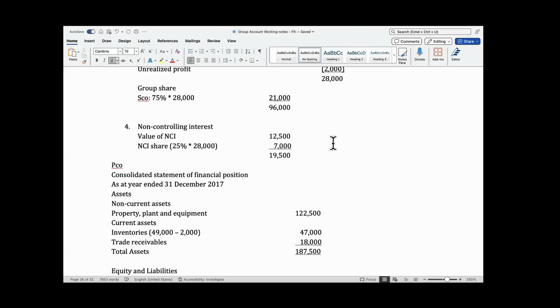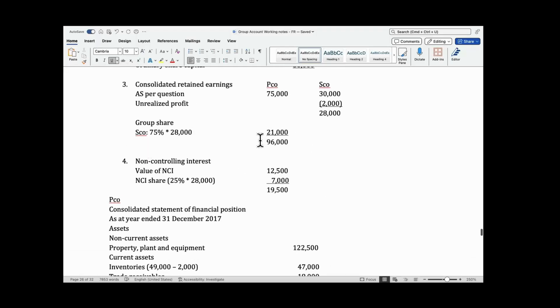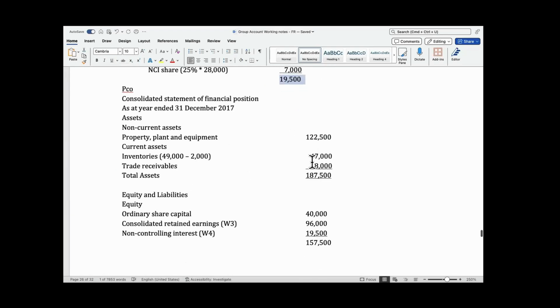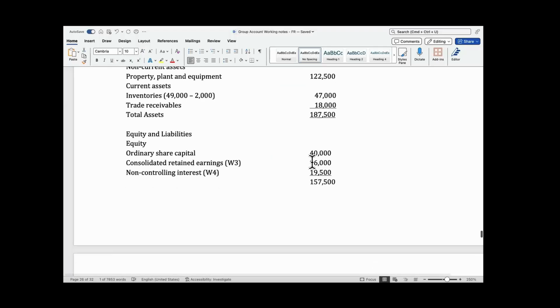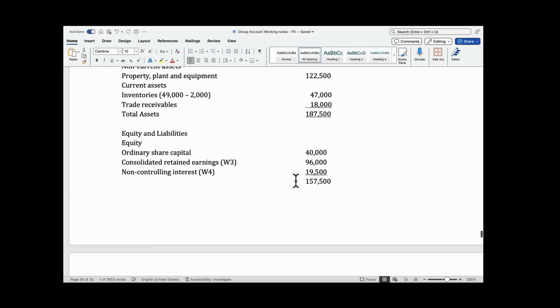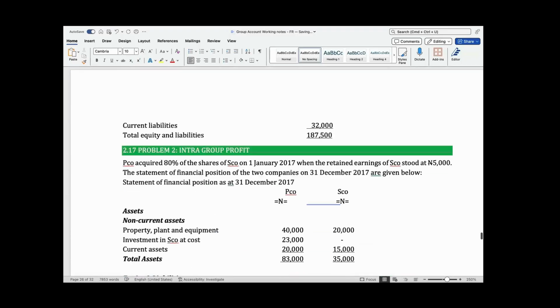We only changed this one. This is 96,000. And this is how much? 19,500. It should still be the same thing. If we add these three together, what will it give us? 40,000 plus 96,000 plus 19,500 is 155,500.